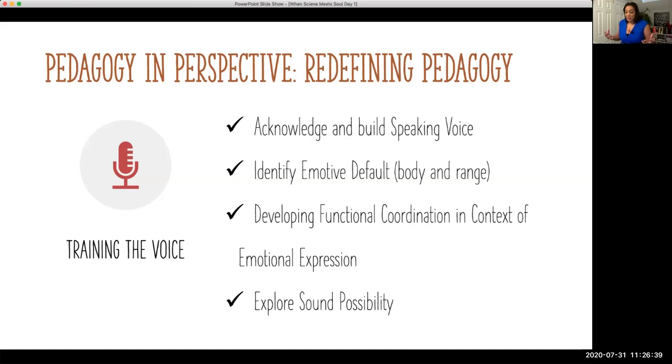So we're looking to identify the person's emotive default. People from different cultures, from different backgrounds, they emote differently based on what they were raised to do. Some people hold their emotions in and they kind of stay here the whole time. Like, oh, that's great. Oh, that sucks. Some people are a lot more animated. Oh my gosh.